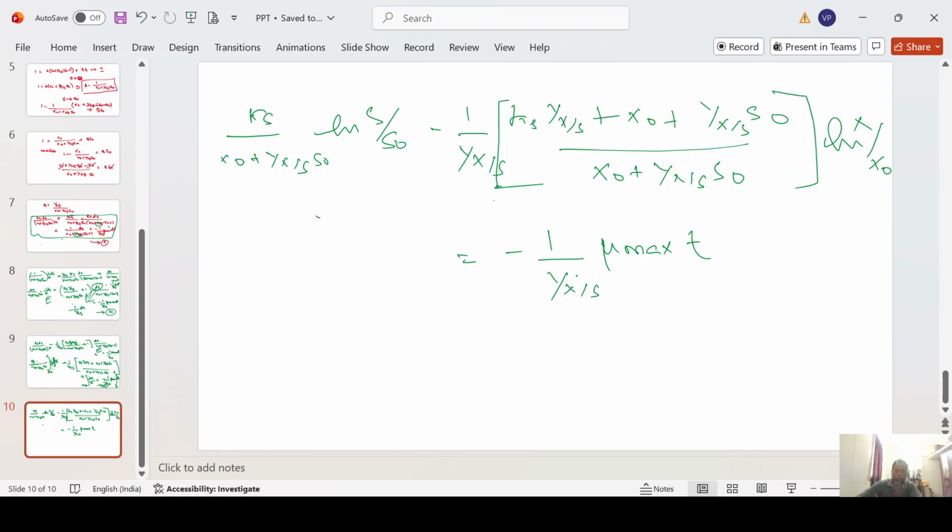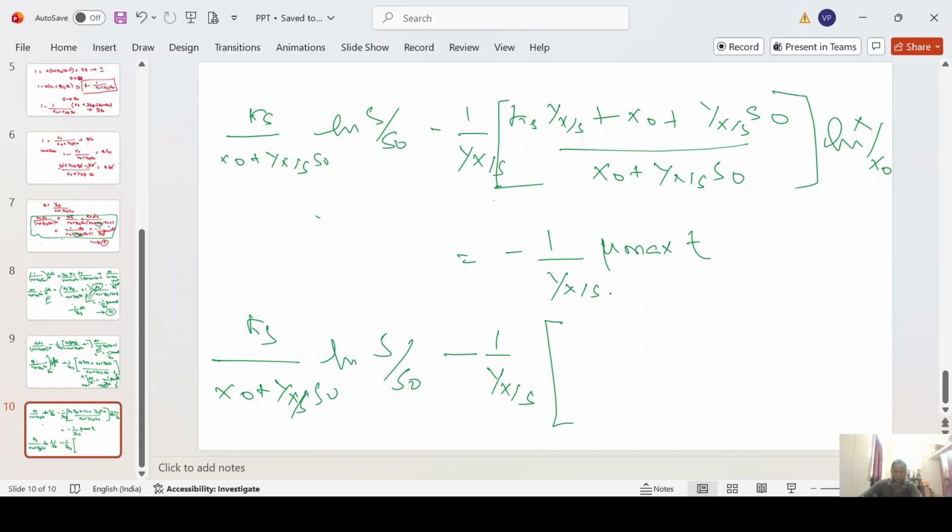We could also, if you want, rearrange this further as ks by x naught plus yx by s naught ln s by s naught minus 1 by yx by s bracket.